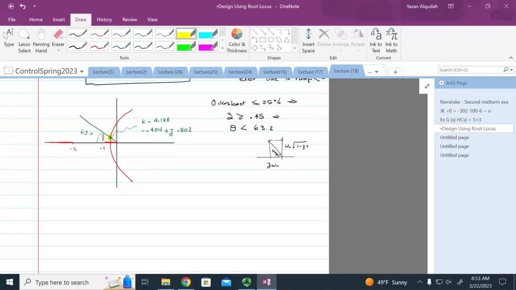To the right of the green line or to the left? If I want zeta to be less than 0.45, do I operate here or here?